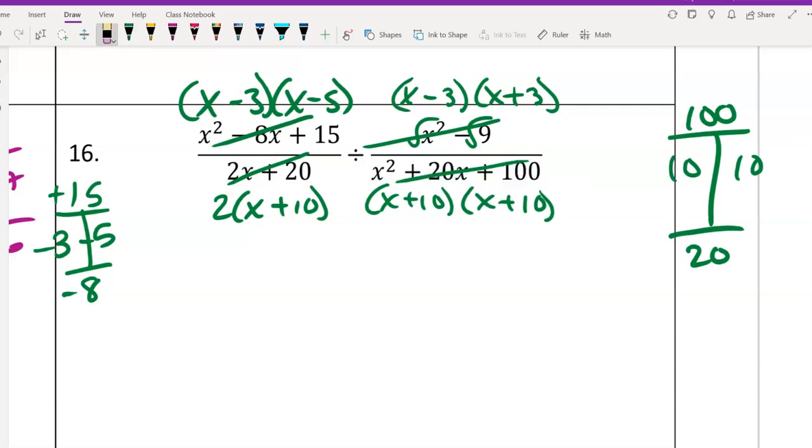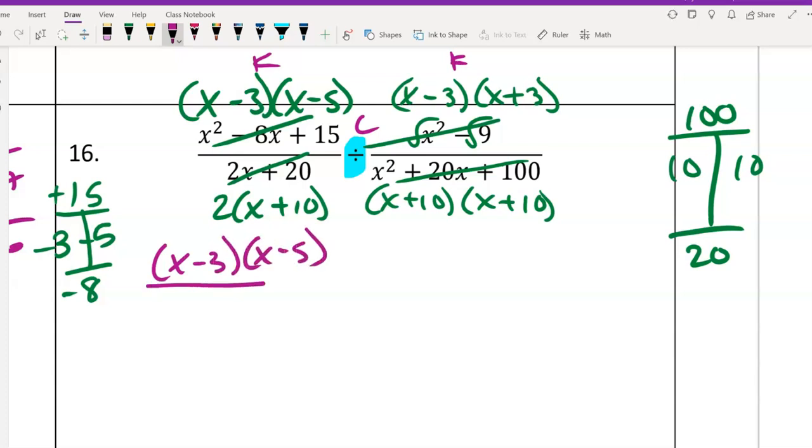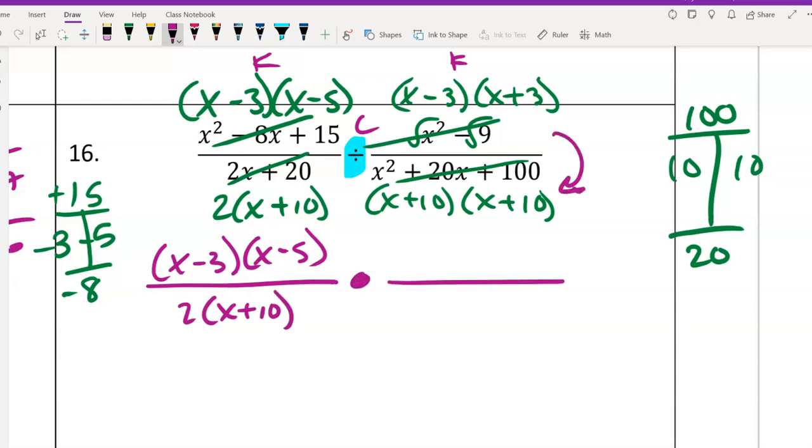All right, because we have a division problem, we need to keep, change, flip. Keeping that first fraction, changing to multiplication, and flipping the last fraction.